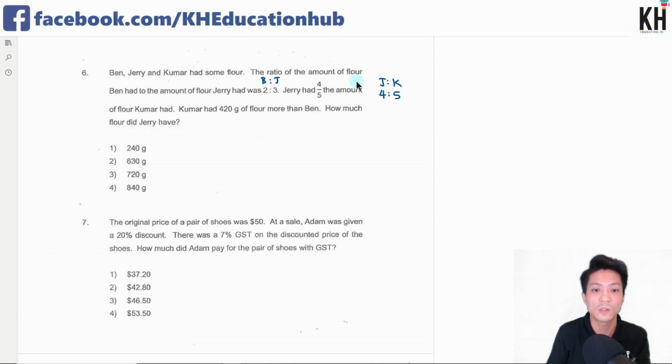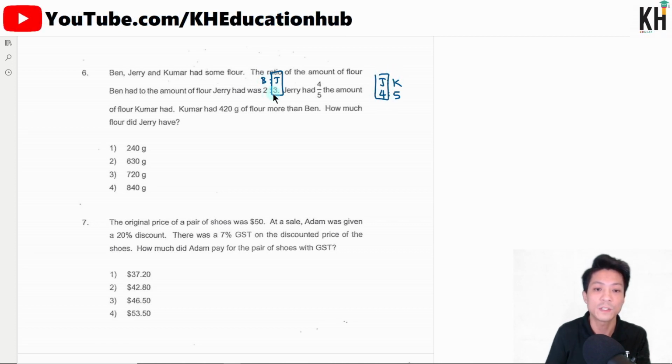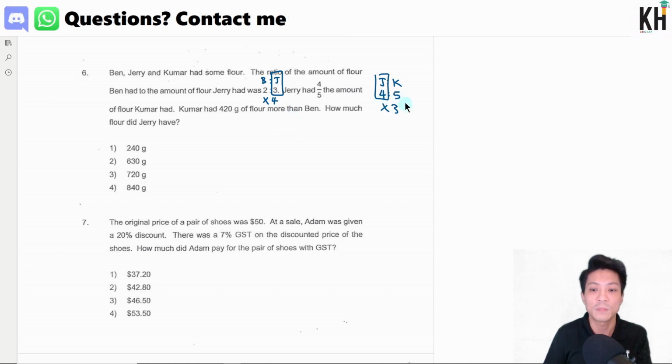In this case, there is a common subject, which is Jerry. Over here is 3 units and over here is 4 units, so I need to multiply by 4 to this ratio, and I need to multiply by 3 to this ratio.